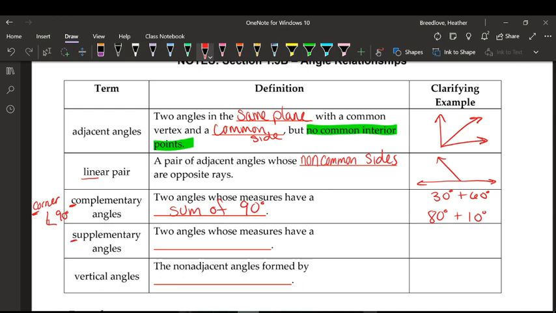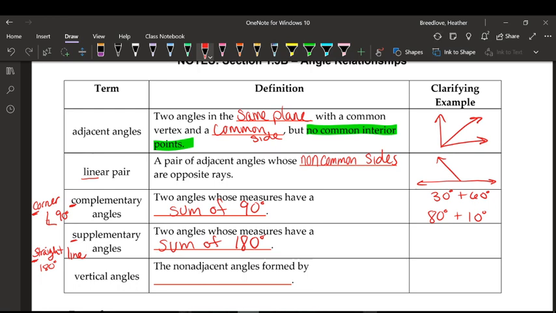Supplementary starts with an S, and supplementary, think of straight line. Straight line starts with an S. And a straight line has a measure of 180 degrees. Or a straight angle does. So two angles whose measures have a sum of 180 degrees would be supplementary.